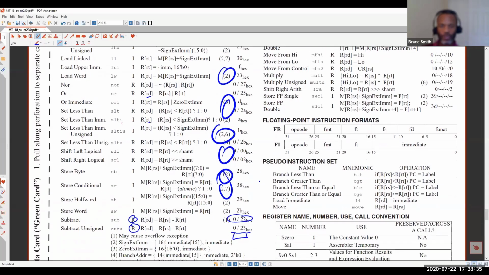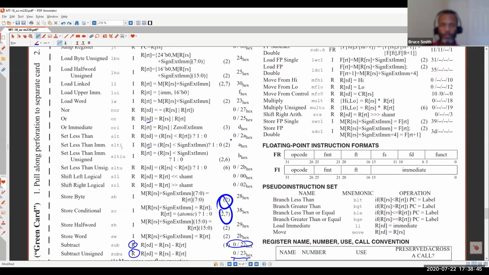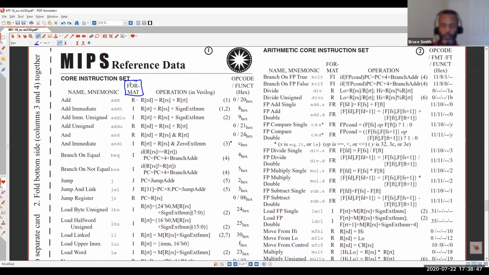So you'll see the 2s, the 3s, the 6s, the 7s. Those notes reference information over here. So each instruction will have a note, and those notes are intended to tell you how to interpret this information that's here. What is a 0 extended immediate?